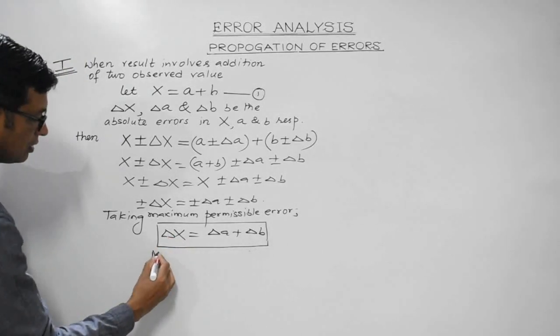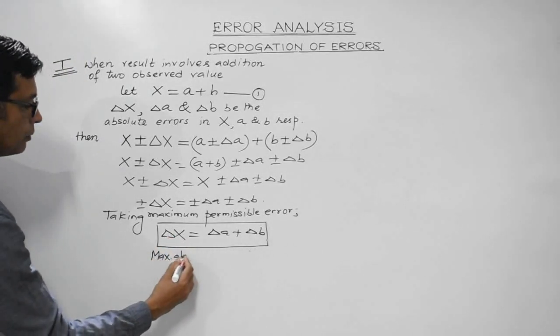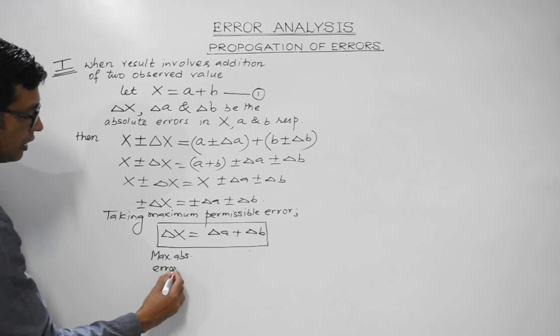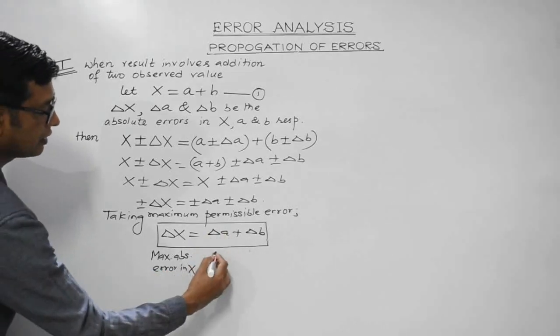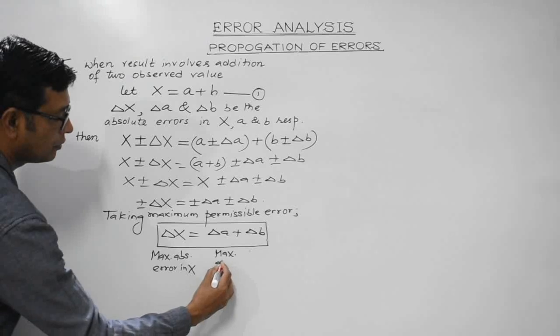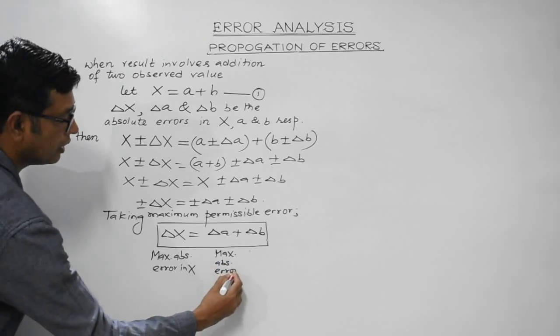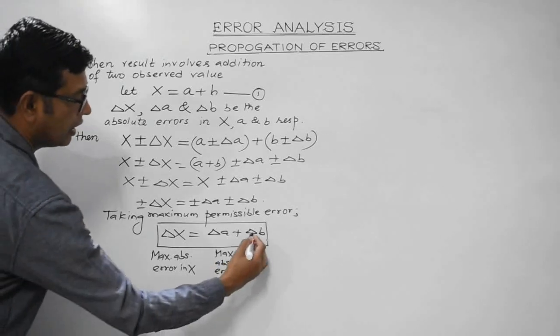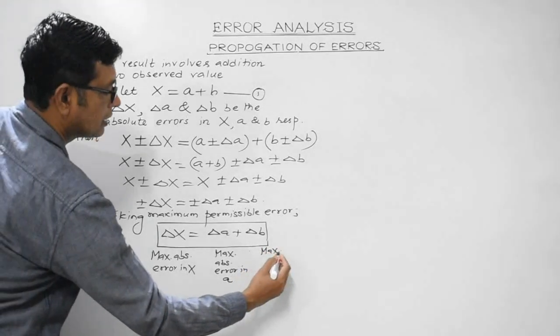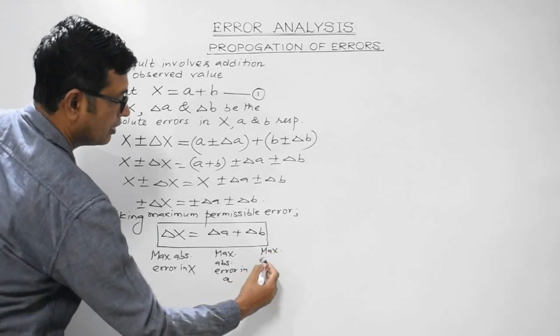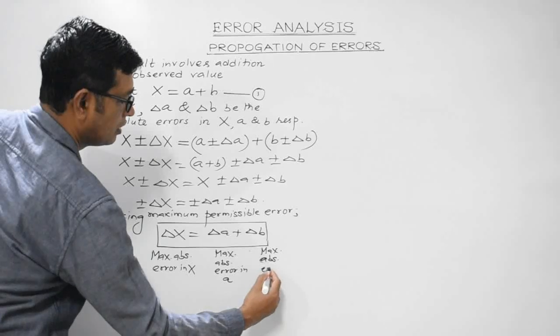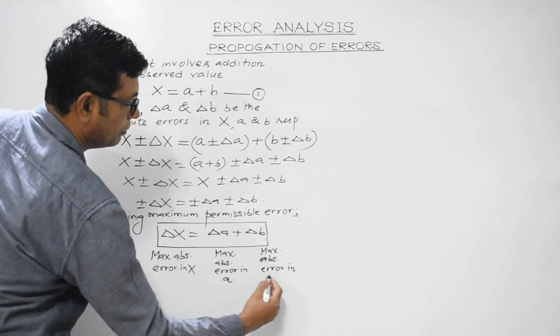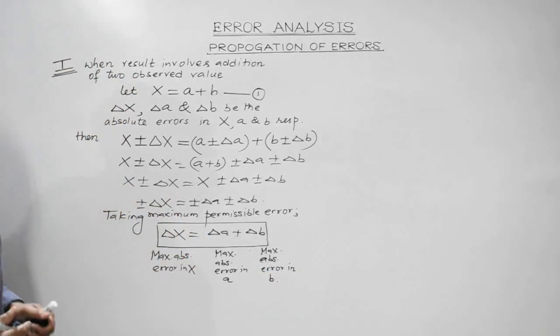Del x is the maximum absolute error in x, del a is the maximum absolute error in a, and del b is the maximum absolute error in b. So this is the conclusion.